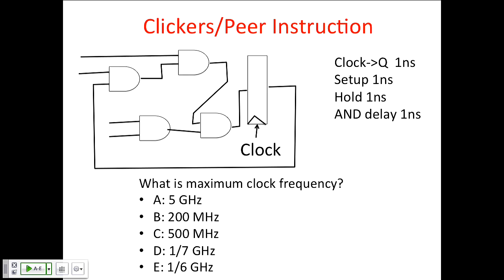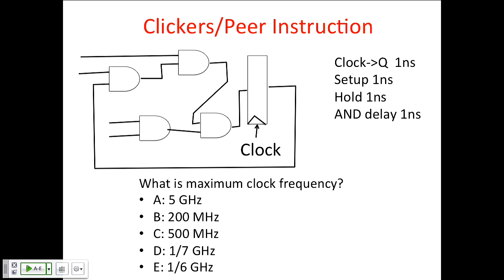So the way to do this is you start from the start of one clock edge to the next clock edge. And what's the longest path from getting to one clock edge to the next? So here's the register. When the clock edge arrives, you know you have to wait at least a clock to Q delay before the output data is available to start things off.